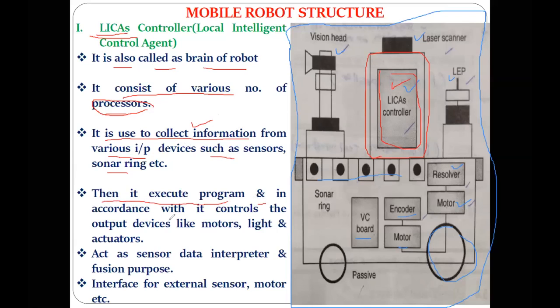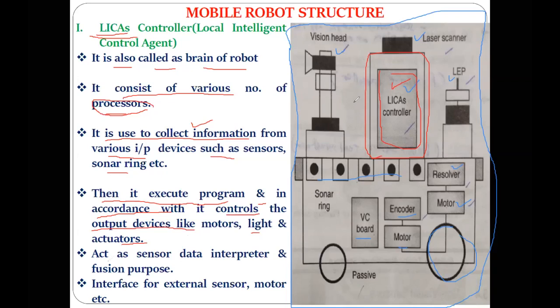According to that, it controls the various output devices like motors, lights, actuators, etc. So after it receives the information, it processes it, and after processing, it performs some action with the help of the different output devices.